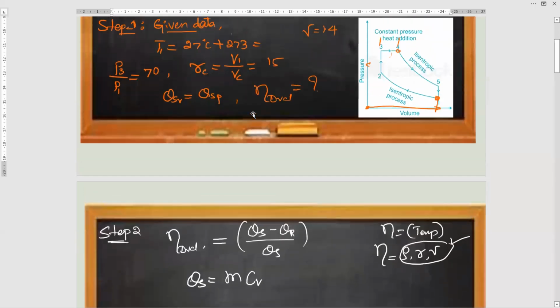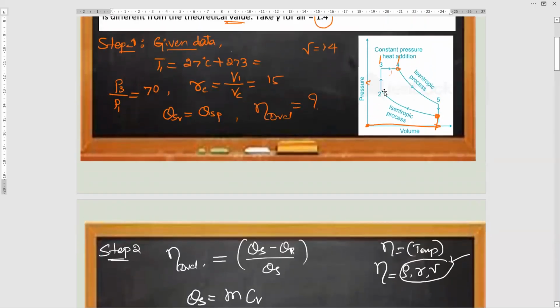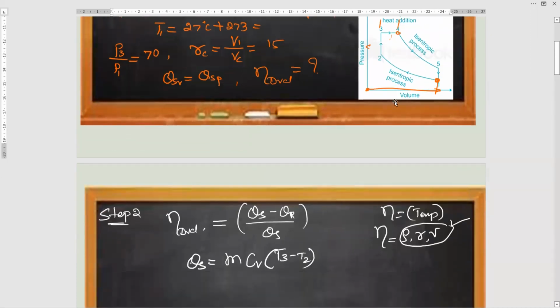And the temperature difference for the heat supplied process is highest temperature minus lowest temperature, so I will write it is T3 minus T2. This is one equation. One more heat is supplied at constant pressure. I will add it here only, because that will give the total heat addition.